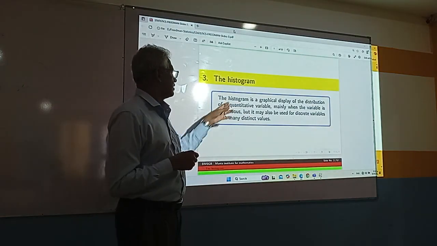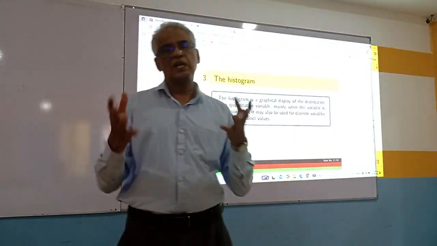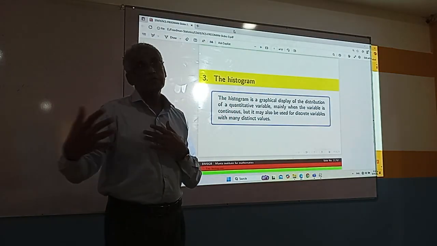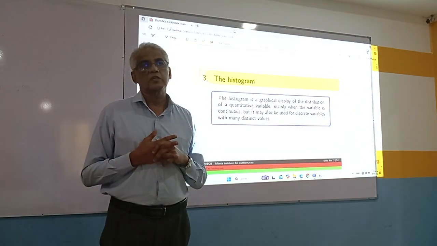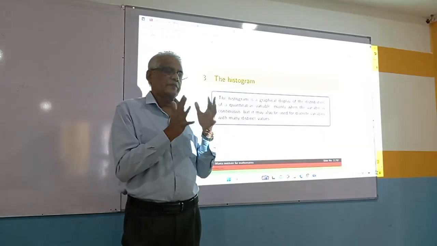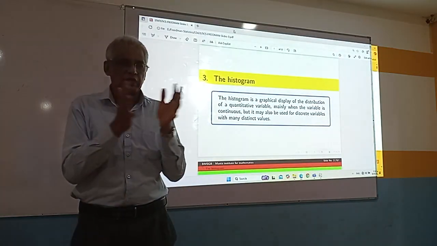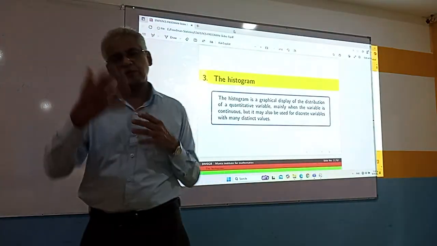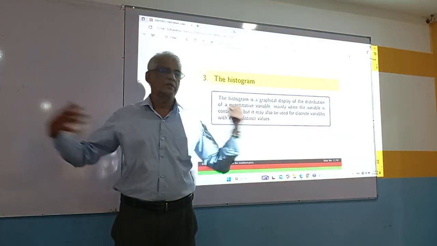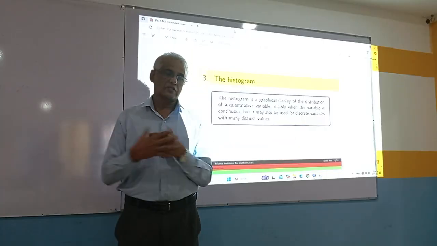Right? For a quantitative and continuous variable, mainly we use it in those situations, but sometimes we use histogram for discrete variables also, if the possible values are very close together, like, as I mentioned, the proportion of something in a very large sample.